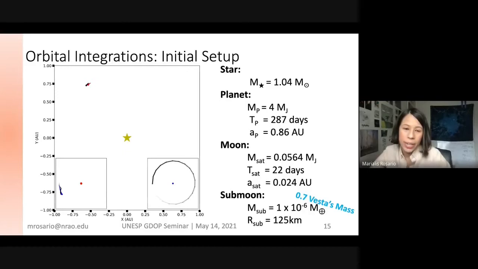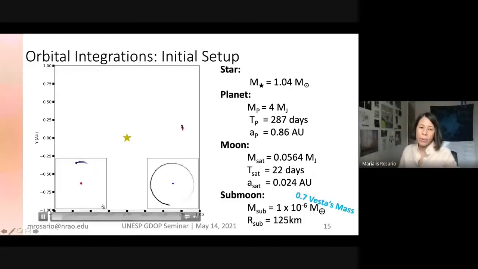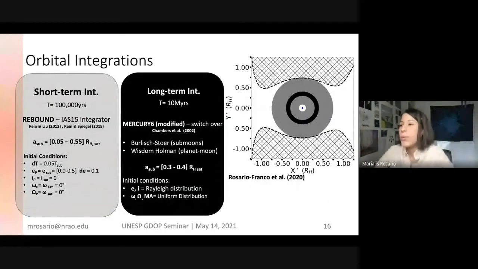In blue, we have the exomoon, the proposed exomoon, and in black, we have what we would consider the submoon. So how did these integrations come to be?